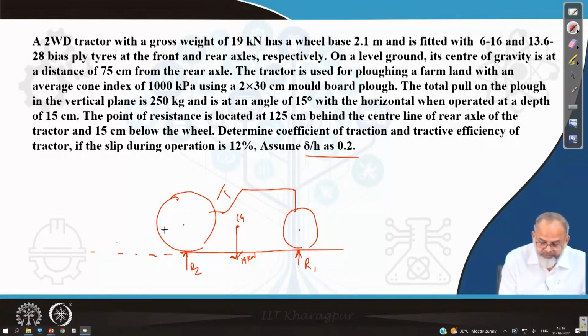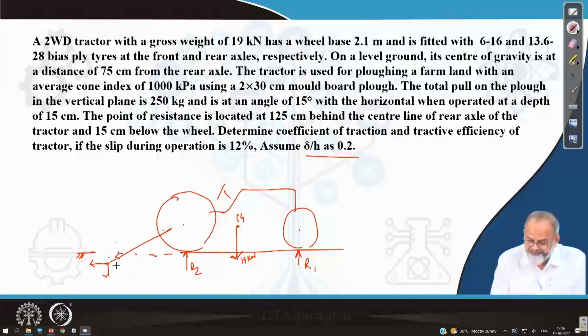The line of pull is somewhere here and it is 15 centimeter below the ground. If this is the ground surface, suppose this is the line of pull, I can resolve it at this point into two components, vertical component and horizontal component. This is making an angle of 15 degree.